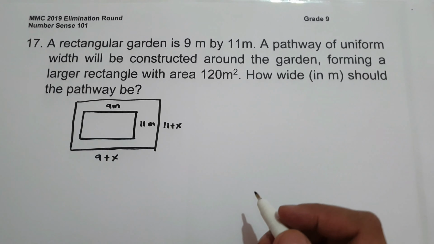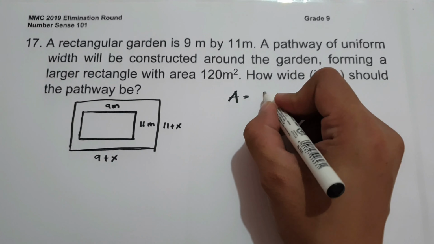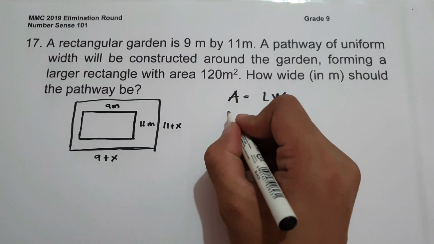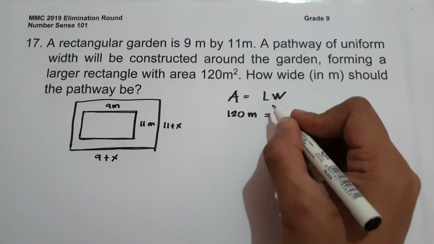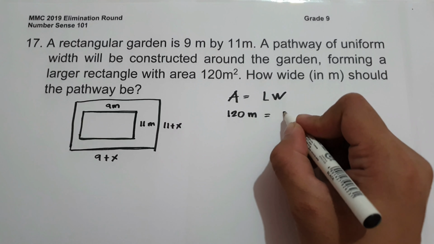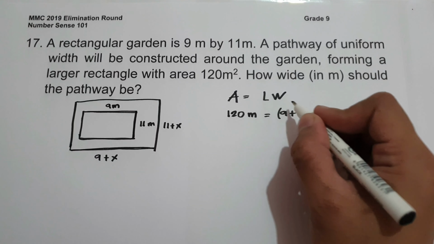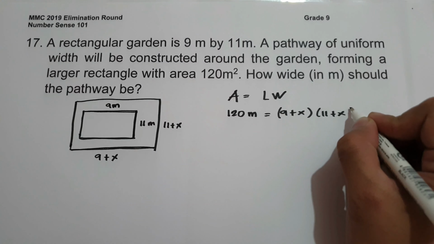So the formula to find the area of a rectangle, area is length times width. Since the area is 120 square meters, the length will be 9 plus x, and then we have the width, that is 11 plus x.